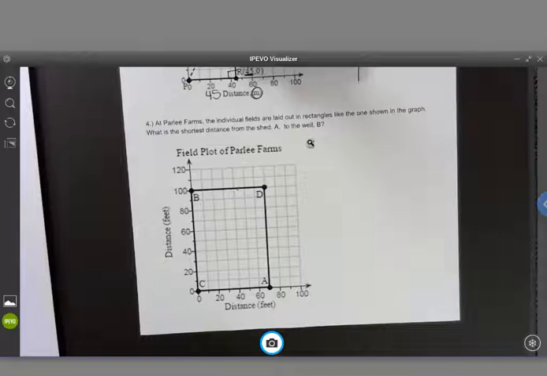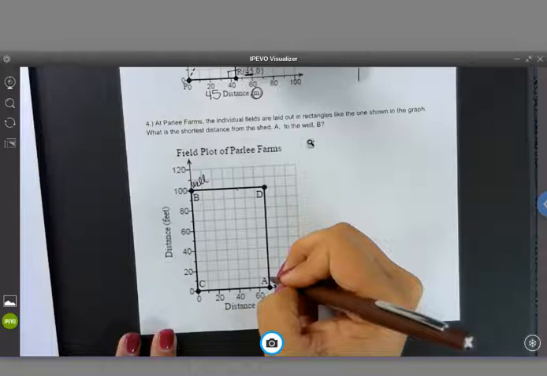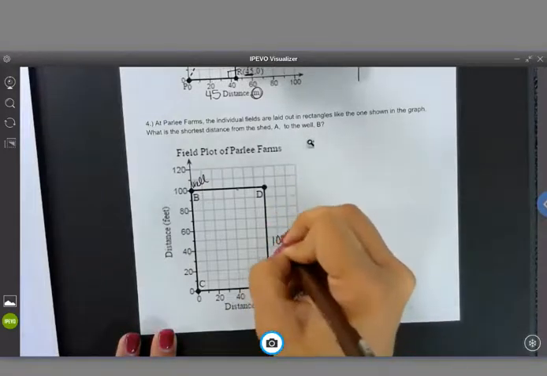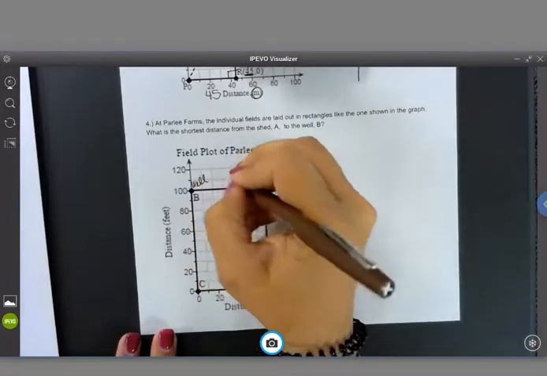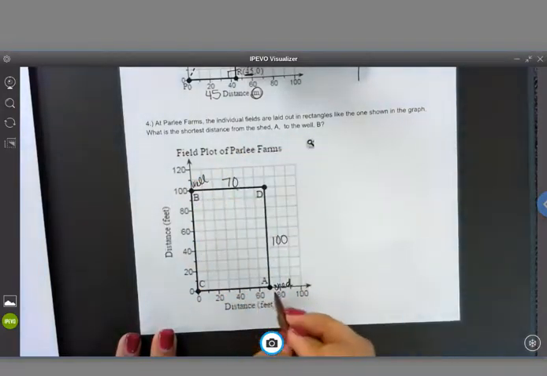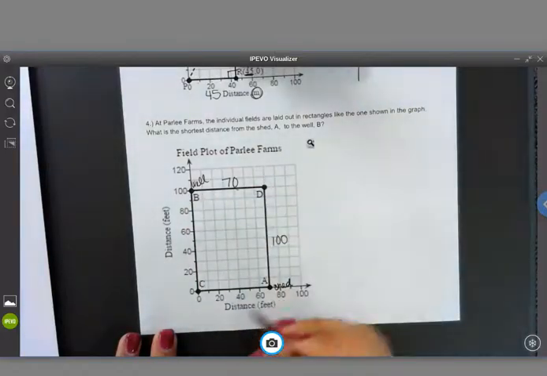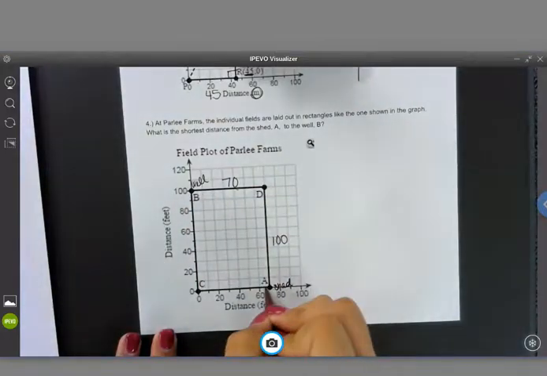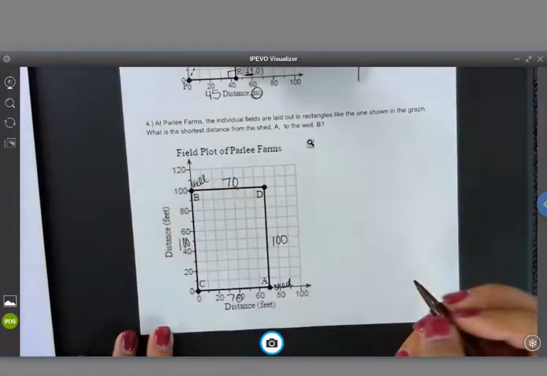Okay, well, I can go from A to D to B, which is, let's see, they're counting by 10, so 10, 20, 30, 40, 50, 60, 70, 80, 90, 100, and then 10, 20, 30, 40, 50, 60, 70. So I could walk A to D to B, but it'd be 170. I could walk from A to C to B, but it'd be 170.